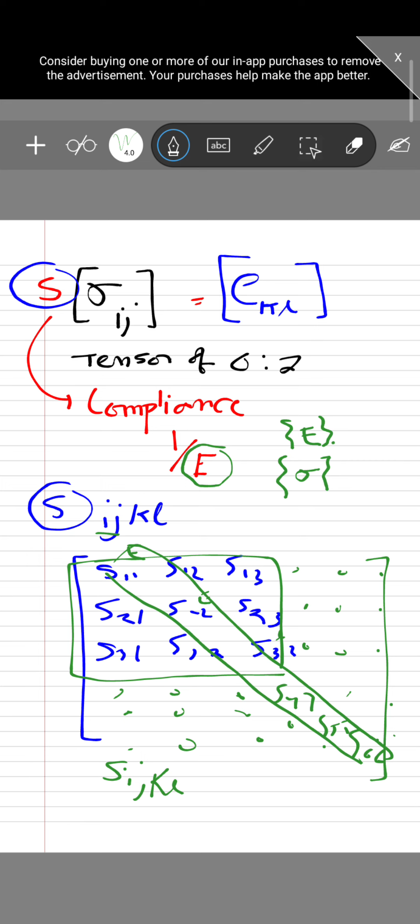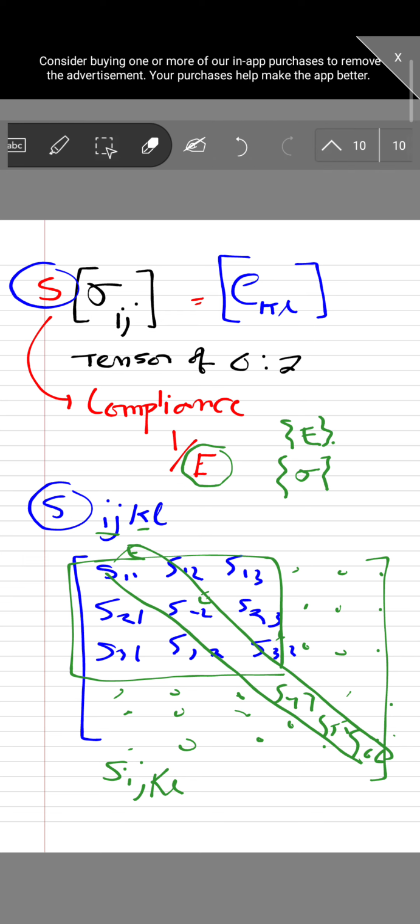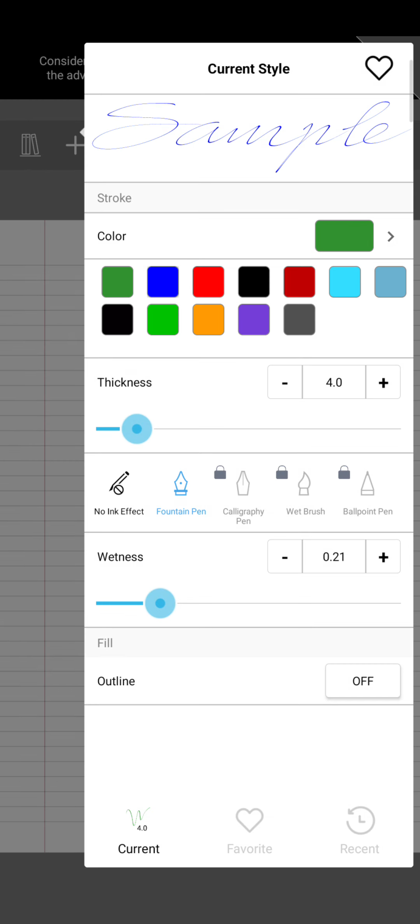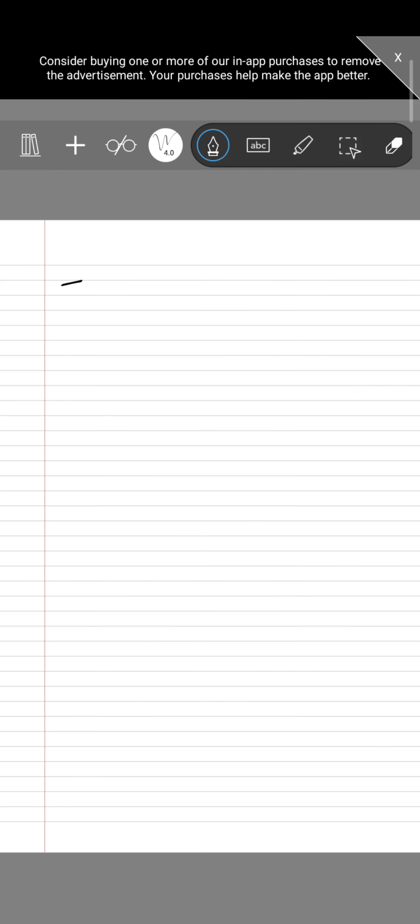Now again, if you write the expression only for the stress and the strain, it will be something like this: epsilon ij is equal to S ijkl sigma kl.